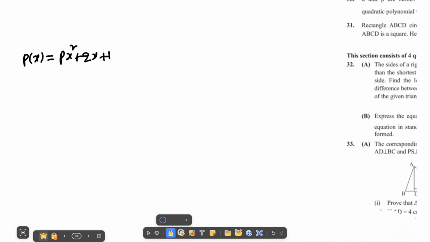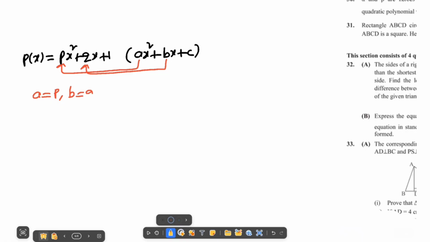If we compare this with the general quadratic polynomial, what is the general quadratic polynomial? Ax square plus bx plus c. So the coefficient of x square is p, so a is equal to p here. The coefficient of x, b, is equal to q, and the constant term c is 1.